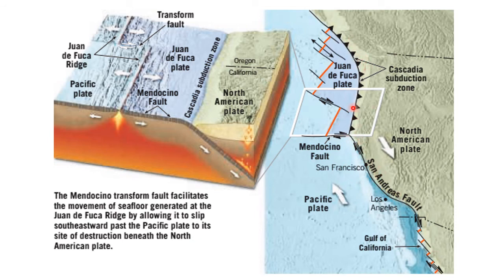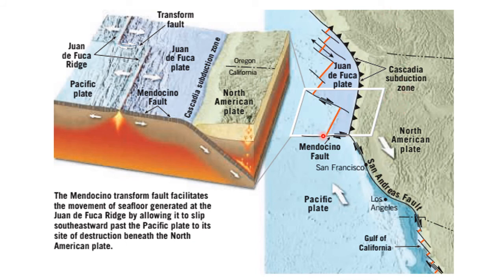Here we can see a transform fault along the continental margin. This is the San Andreas fault, which is transform in nature. Here the Pacific plate is moving roughly in the southwest direction, and the North American plate is moving roughly in the northeast direction. So this produces overall a strike-slip movement between the North American plate and the Pacific plate, and this is facilitated by other plates like the Juan de Fuca plate, which is subducting and producing the Cascadian ranges.